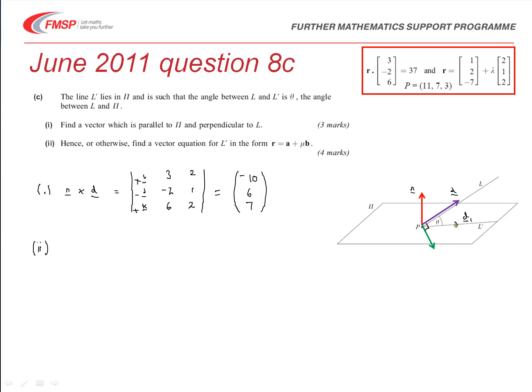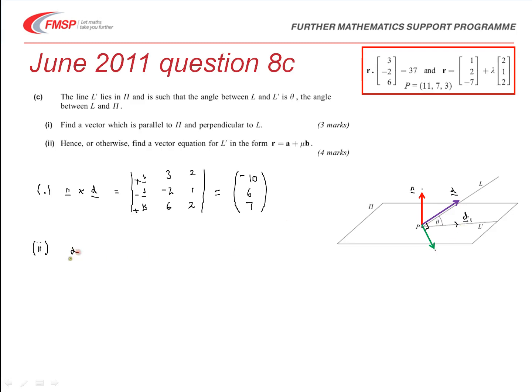Since it's directly below D, it must be perpendicular to the vector that we just found. And since it's in the plane, it must also be perpendicular to the normal. So if we now do the cross product of the normal with the new vector that we just found that's perpendicular to the line in the plane, that will find us the direction of D1.